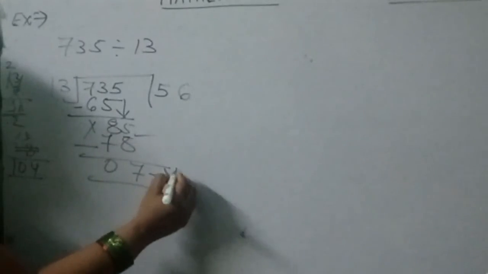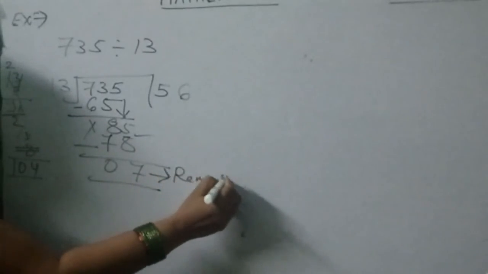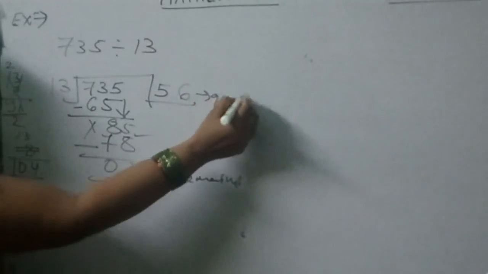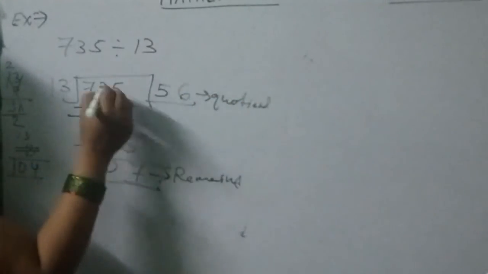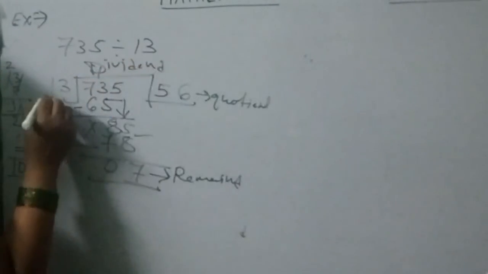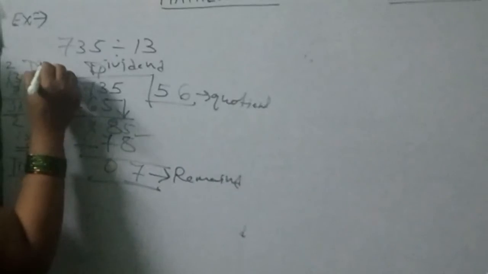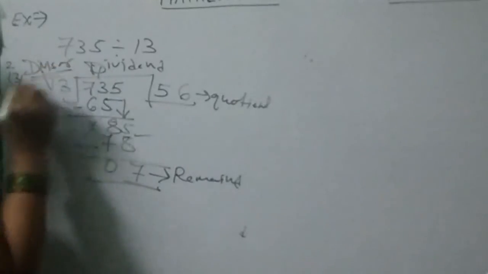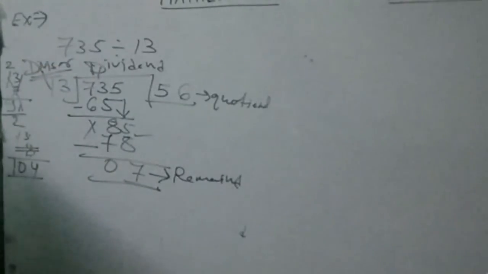So what is the remainder here? This one is the remainder. The remainder is 7, and this one is the quotient. This one is the dividend, and this one is the divisor. Students, this one is simple division.